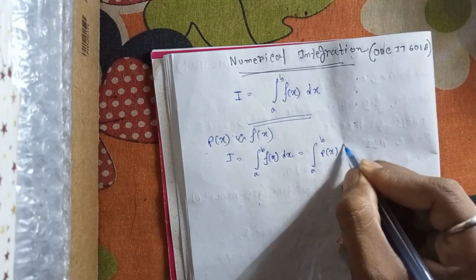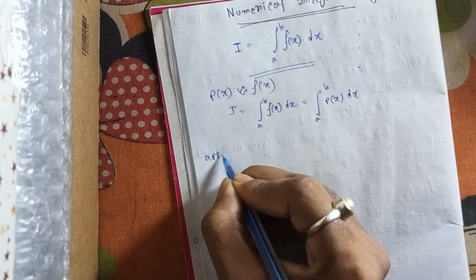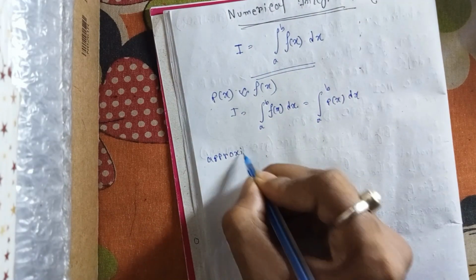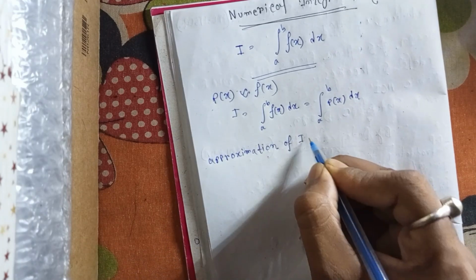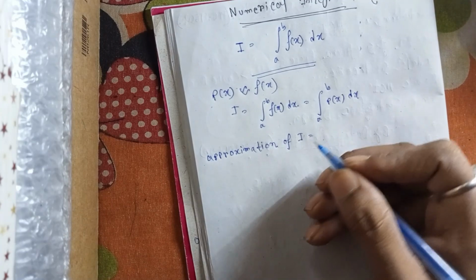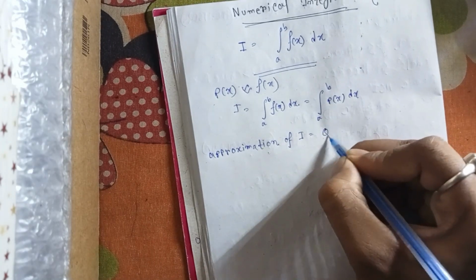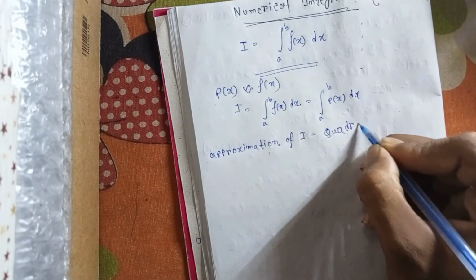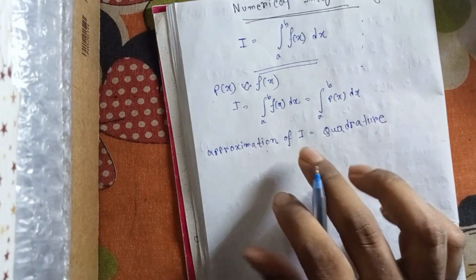Now the approximation of I is known as the quadrature, or the numerical integration. So this is known as quadrature. This is actually the numerical integration.